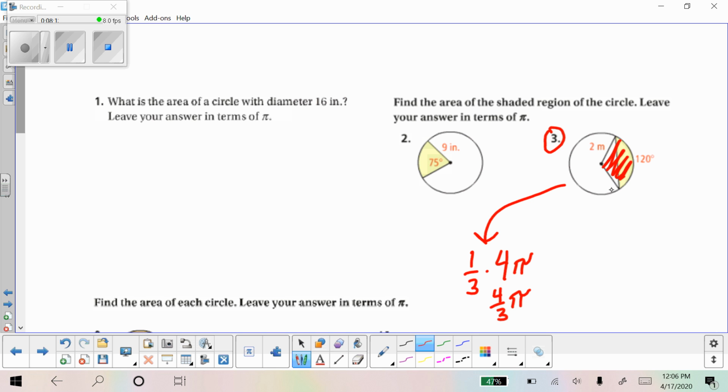Okay, and then the triangle, I'll just draw it over here, enlarge it a bit. We have a 2 and a 2, and we know this is 120 degrees right here. We just recently used a formula, and you probably wouldn't have thought to do this, that works really good for this.